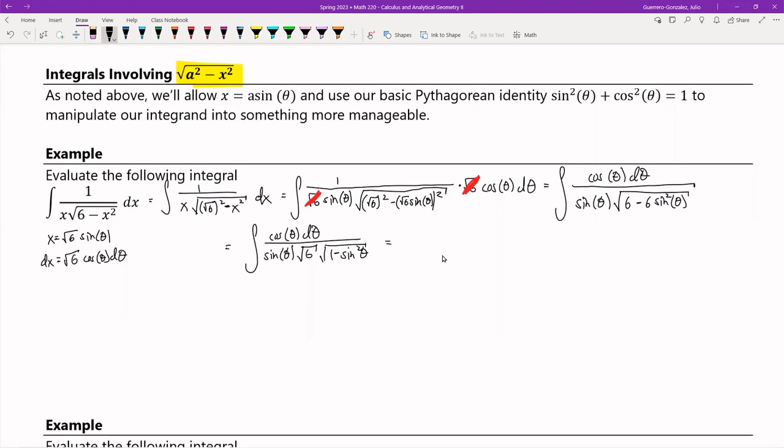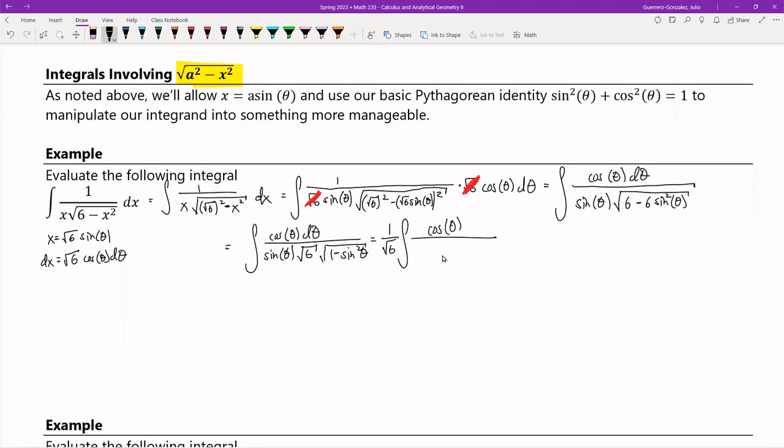Okay, so now hopefully you see here's where we're going to need that trig identity, right? So integral cosine of theta all over. I'm going to move the equal sign over a little bit. There's a 1 over square root of 6, so I'm going to do 1 over root 6 out front.